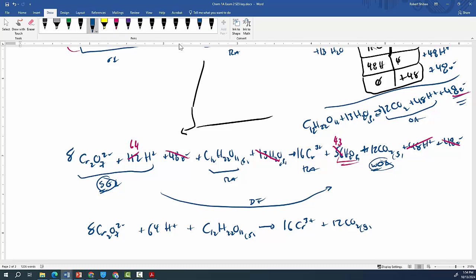So let's add the waters here. This is 43 H2O liquids. So 43 plus 24 is 67 oxygens. So that works out. 64 hydrogens plus 22 is 86 hydrogens, and 43 times 2 is 86 hydrogens. And so the atoms are balanced.